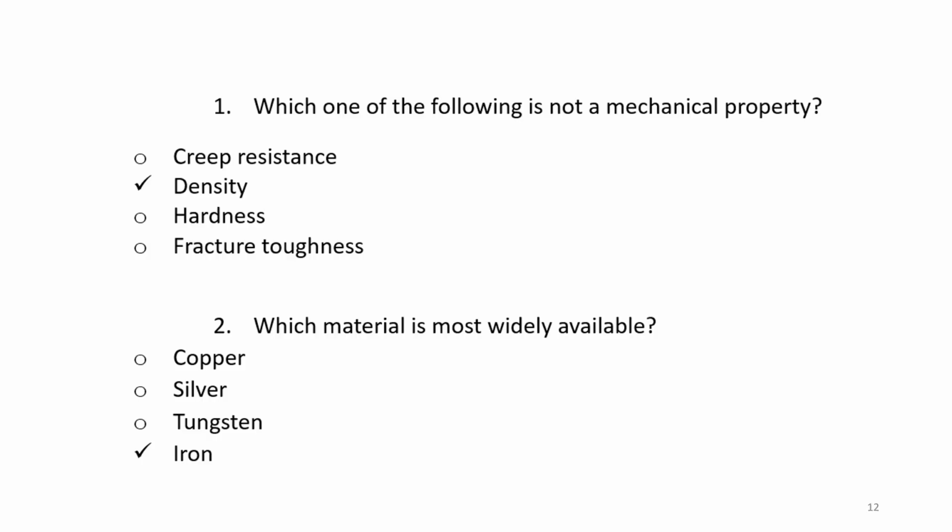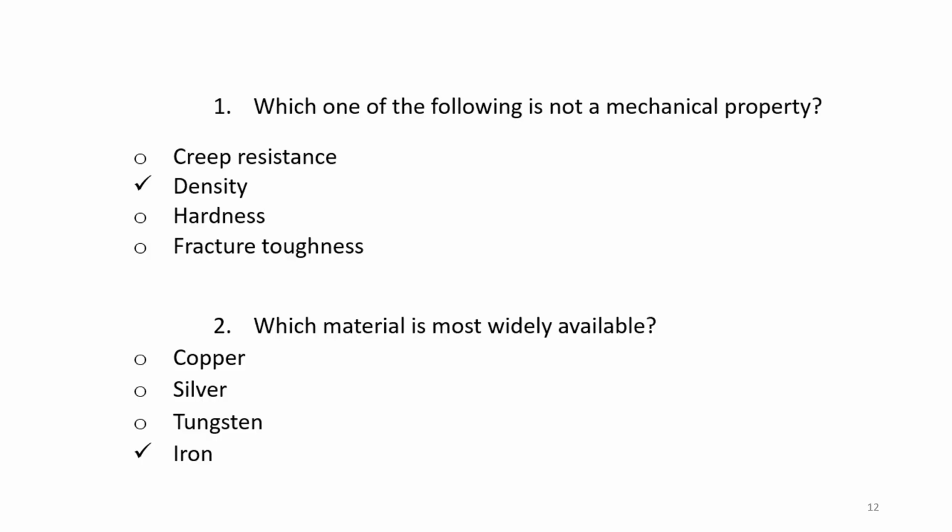Creep resistance is related to the mechanical property, related to dislocations, grain size and microstructure. Hardness is resistance against plastic deformation, again a mechanical property. Density is a physical property, and fracture toughness is your material's resistance against fracture.